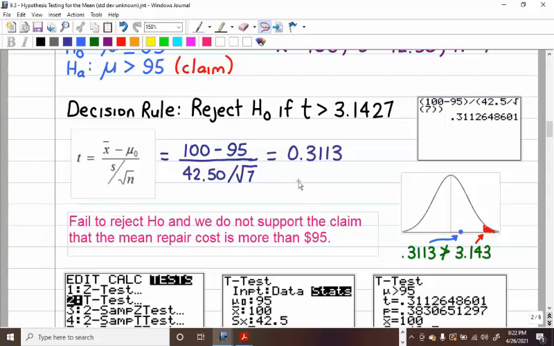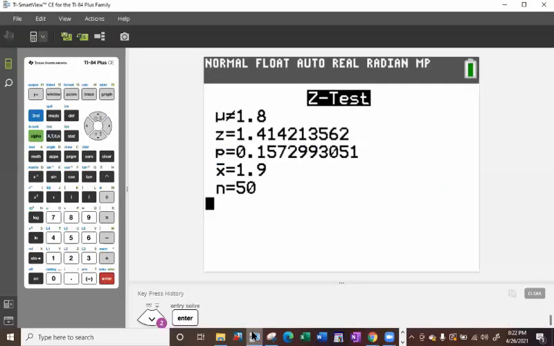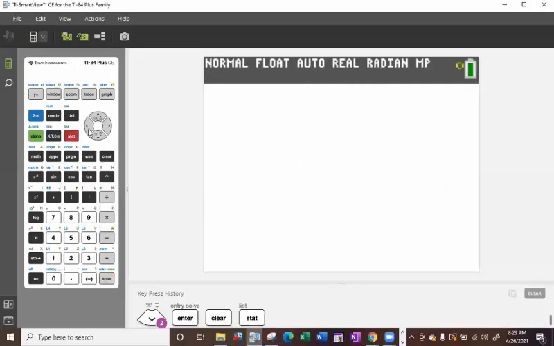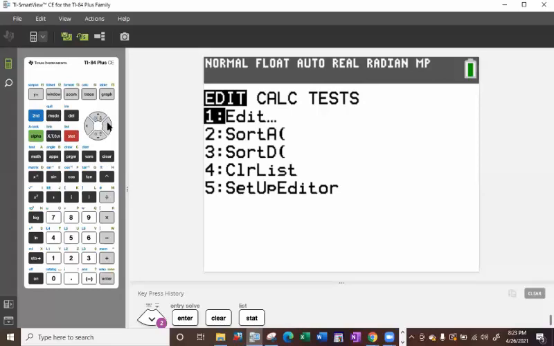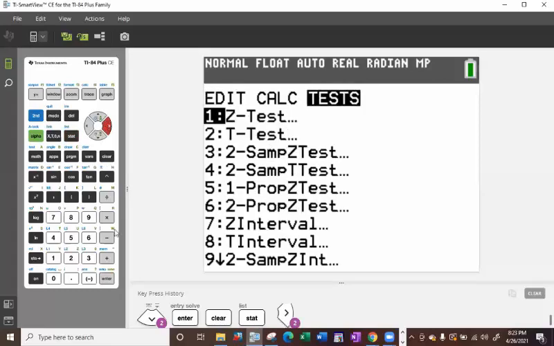All right, let's put this in the calculator. That's always fun. Stat, test, t-test.